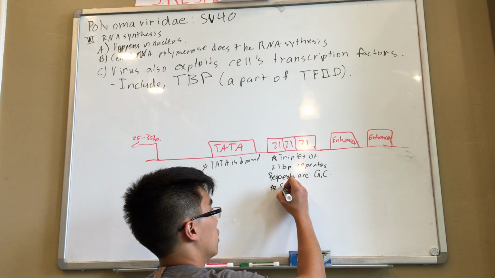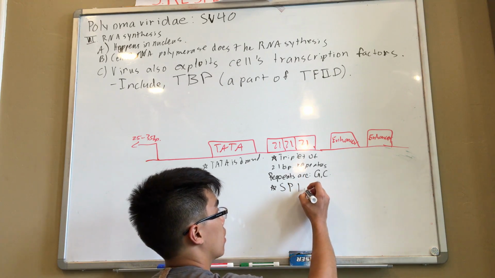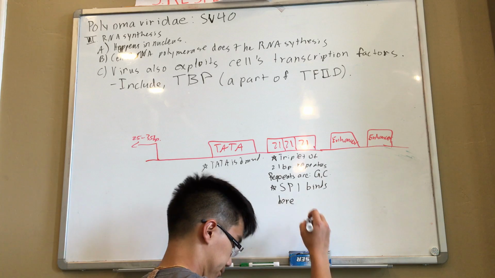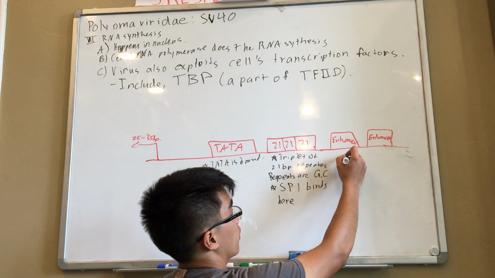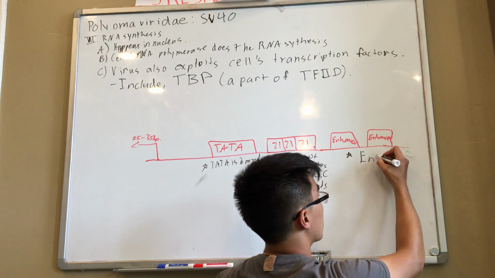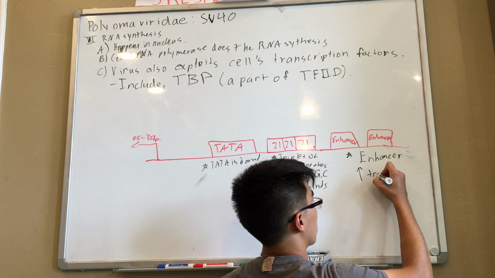And this protein, called specificity protein 1, abbreviated as SP1, binds here. Your enhancer increases transcription.